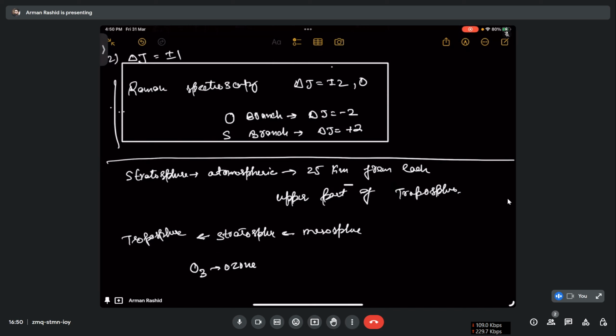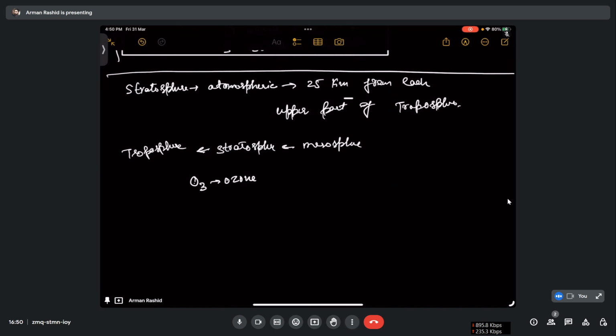There is repeated making and breaking of ozone from oxygen. We have O2; once UVC radiation of around 240 nanometers falls on it, it produces oxygen radicals. These radicals combine with O2 to form O3. This is called ozone.